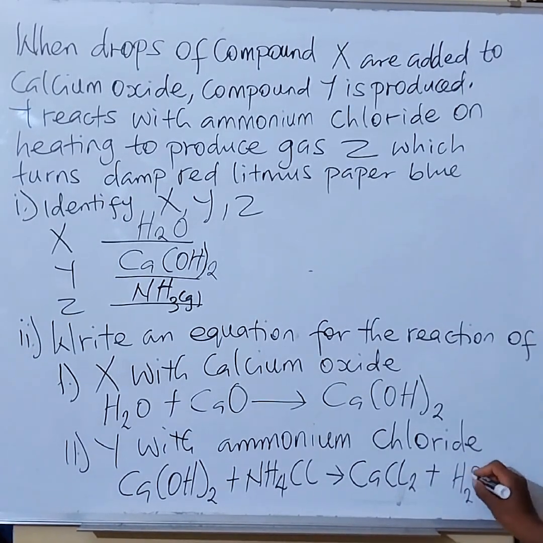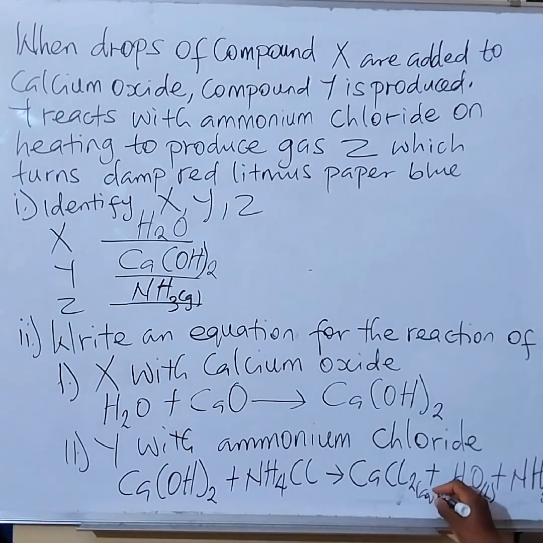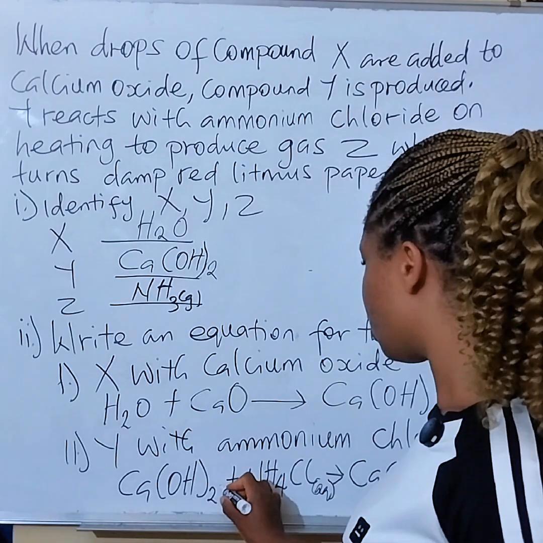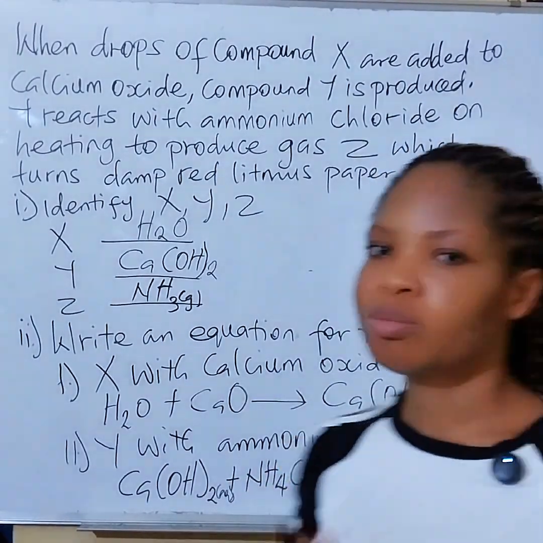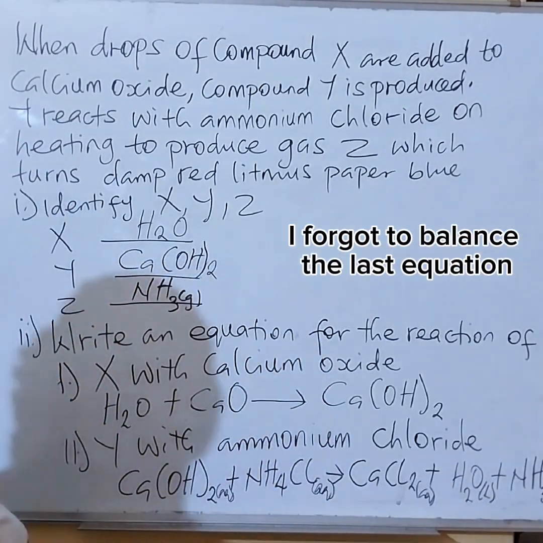H2O plus ammonia gas, NH3 gas. So this is a liquid, this is an aqueous solution, this is also an aqueous solution, and this is also aqueous. Okay, so this is our equation of reaction for Y and ammonium chloride.